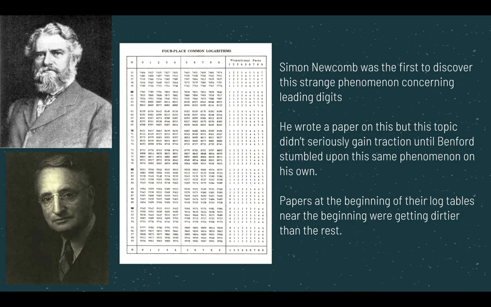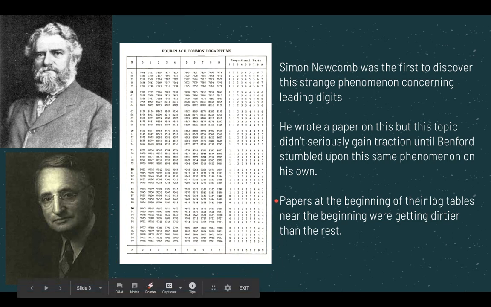The one thing they noticed when they were doing work in their field was that the pages at the beginning of their log tables were getting dirtier than the rest, more worn and used. There weren't calculators back then.